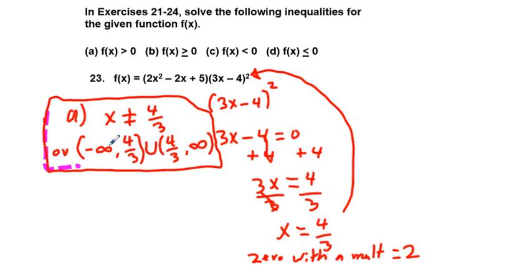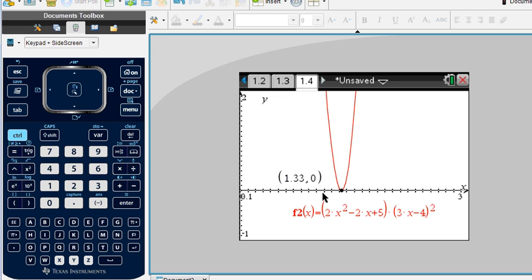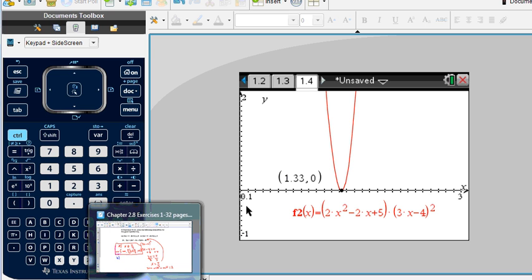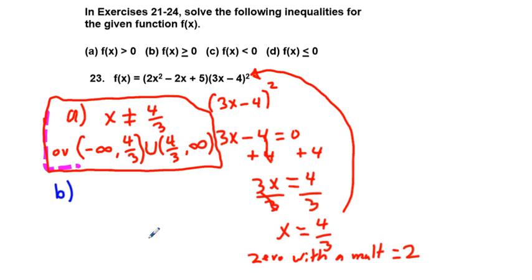Okay. Next, part B. I'll write part B in blue. Where is f of x greater than or equal to 0? Well, actually, the function is greater than or equal to 0 over the entirety of the domain of the function, because x equals 4/3 is not excluded. So for part B, we have negative infinity to infinity.